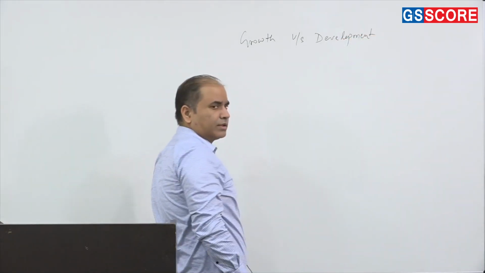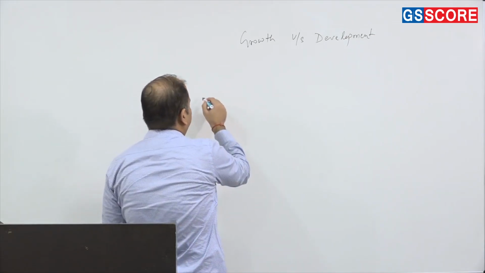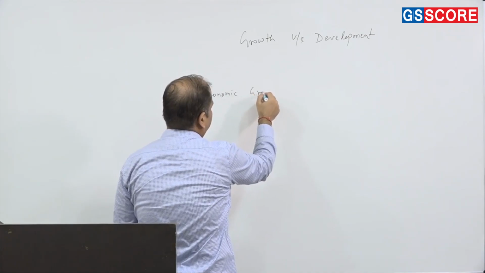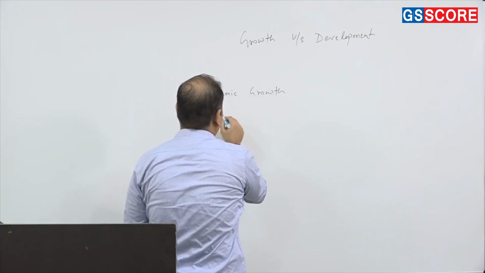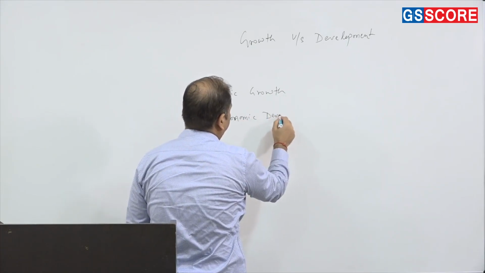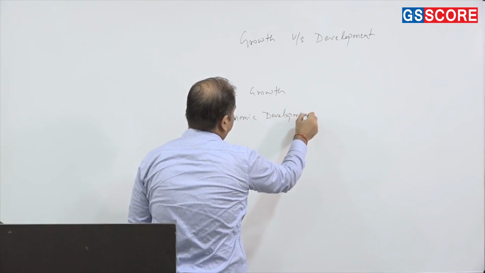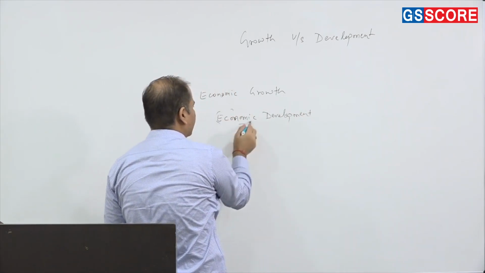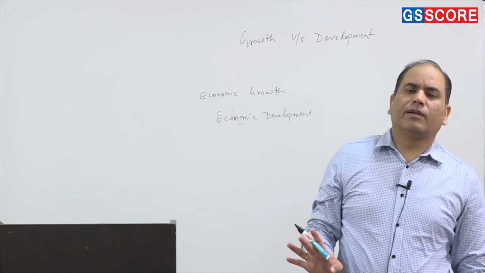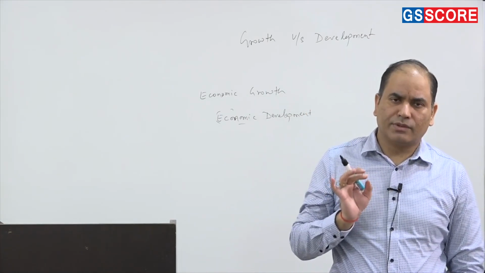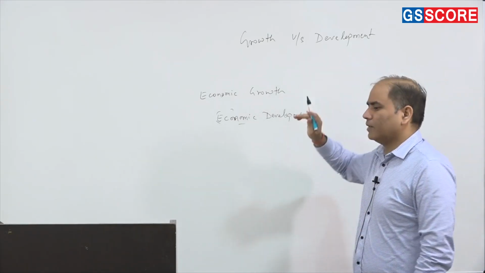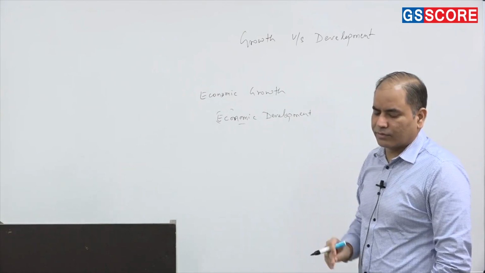In this growth versus development, always remember, in general we call it economic growth and economic development. Some of the geographers don't use economic, they use rather human development. But economic development is also being used. So, don't have this misconception that development will always be human development, economic development is also being used.